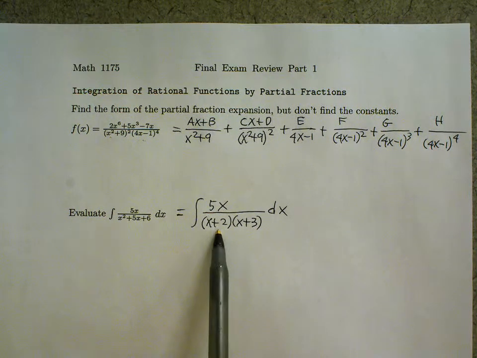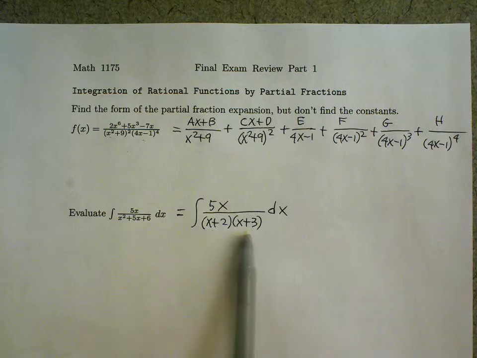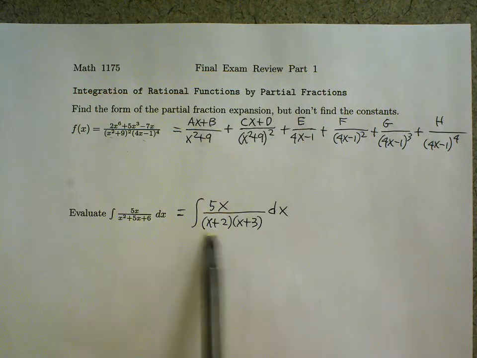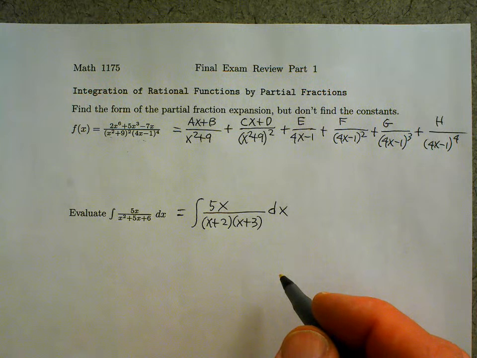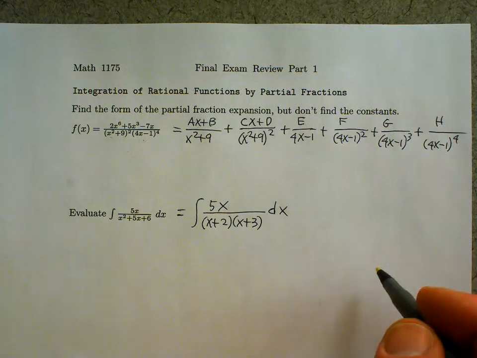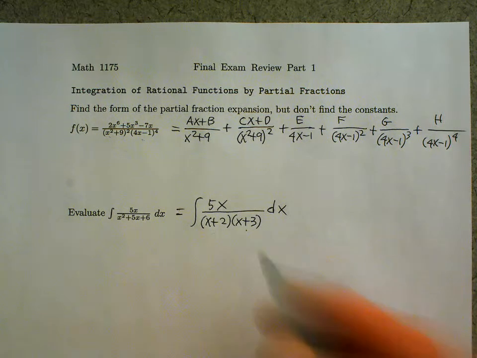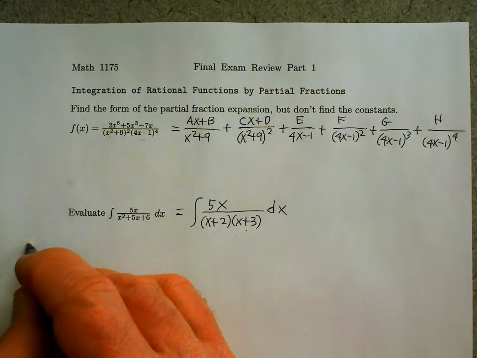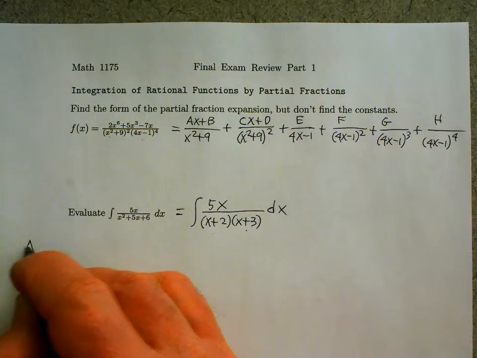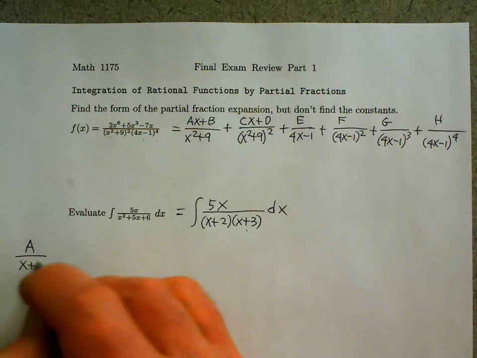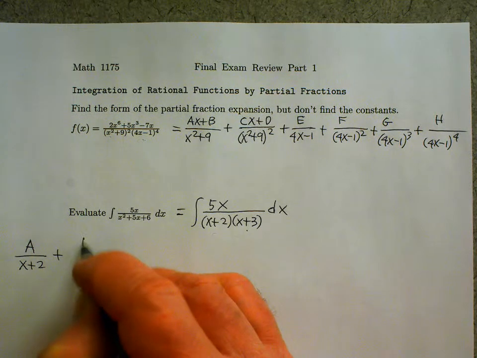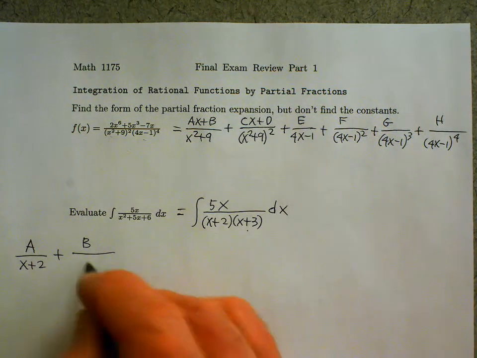So we'll find the partial fraction decomposition of the integrand. The two factors in the denominator are just linear factors, so we can write a over x plus 2 plus b over x plus 3.